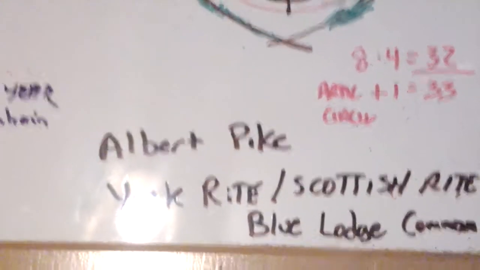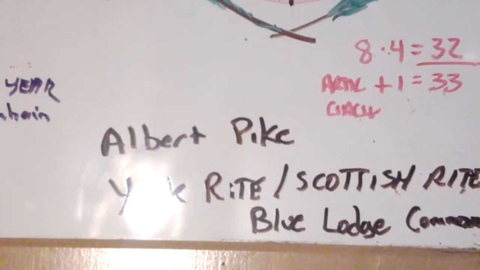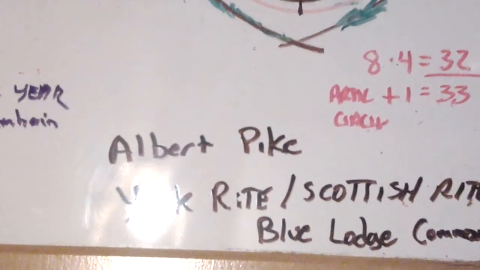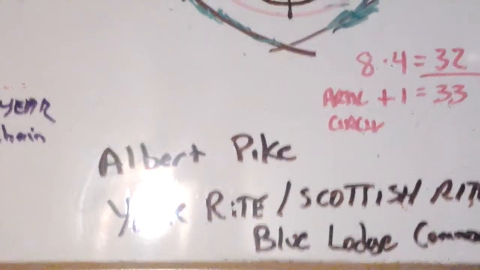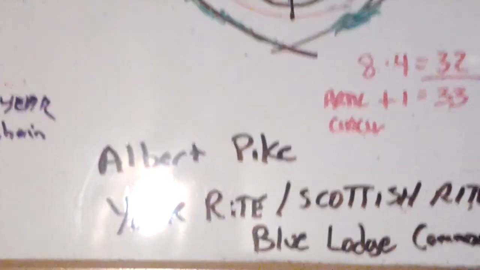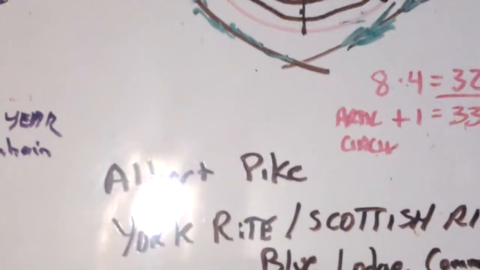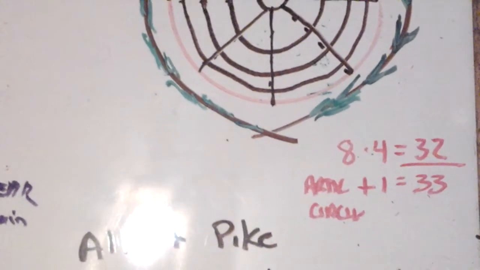Both of them have a thing called the Blue Lodge, where the first 3 rites are the same in each of the forms of Masonry. The great preponderance of Masons in the United States are Scottish Rite Masons. The York Rite is primarily in England. Anyway, there's the 32nd degree and the 33rd degree.